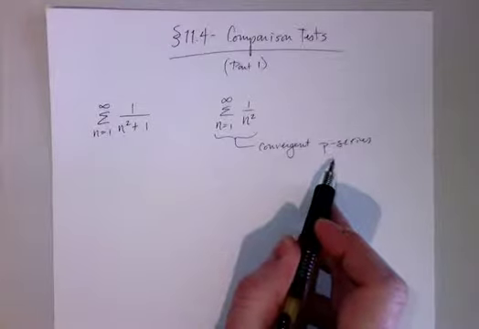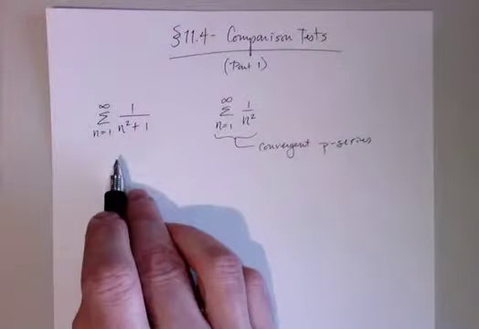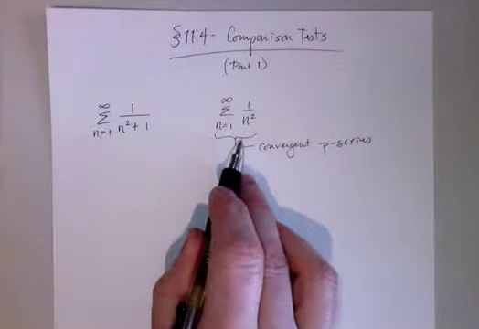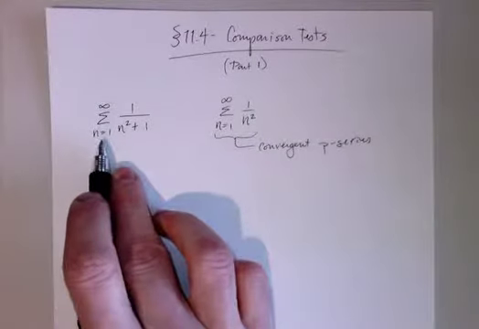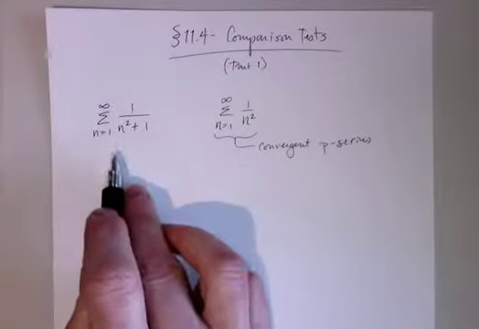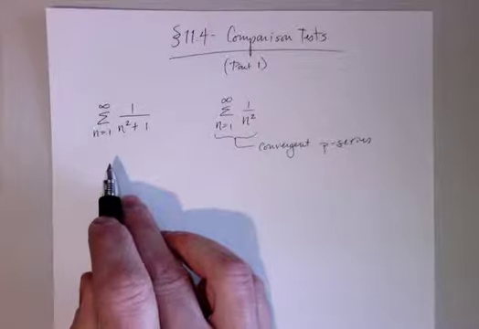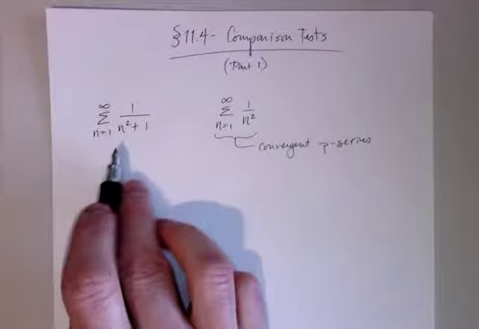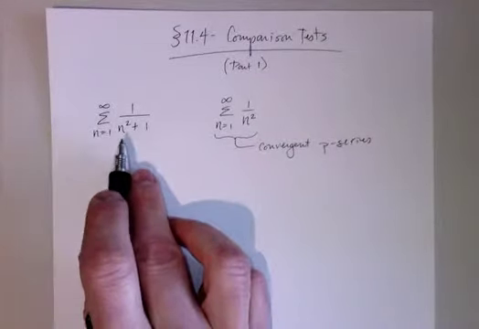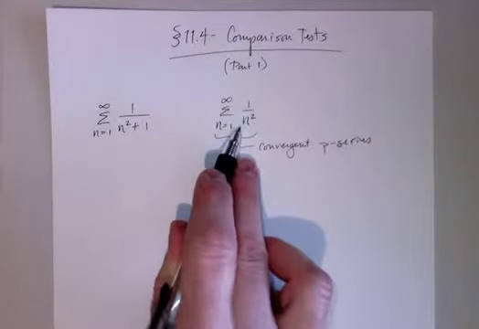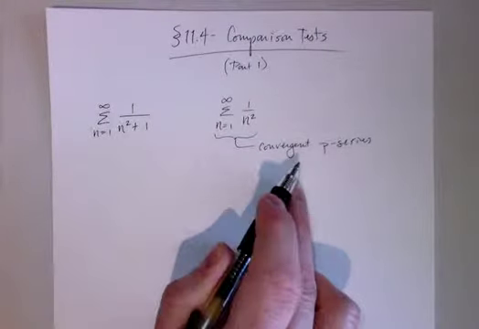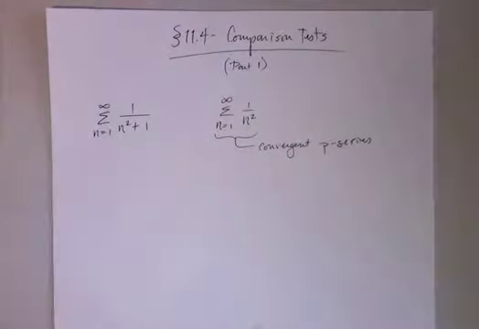How could it be otherwise, right? So if a series is smaller on every member of the domain, or the interval, whatever you want to call it, if this is smaller than that and that is convergent, then smaller than convergent is convergent, okay?